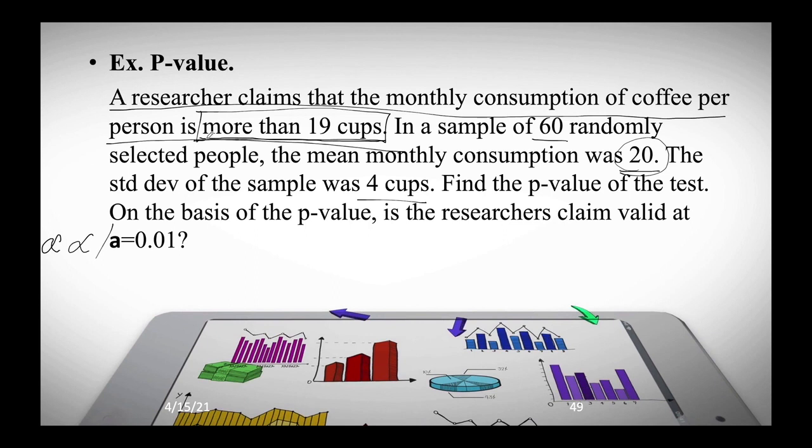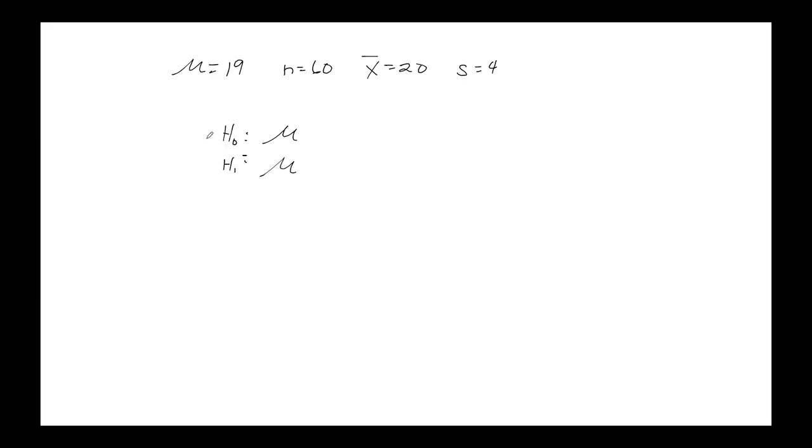Therefore, tulad nung kanina, yung claim natin will be under ng alternative, not on the null hypothesis. Okay? So, let's have here more than 19 cups as the alternative hypothesis. This will be the claim. Laging kabaliktaran ng alternative is yung null. Kabaliktaran ng null is alternative.